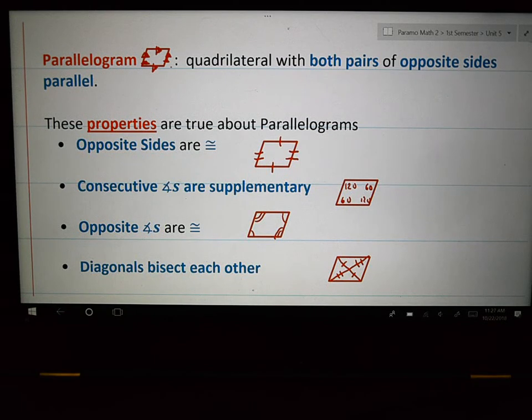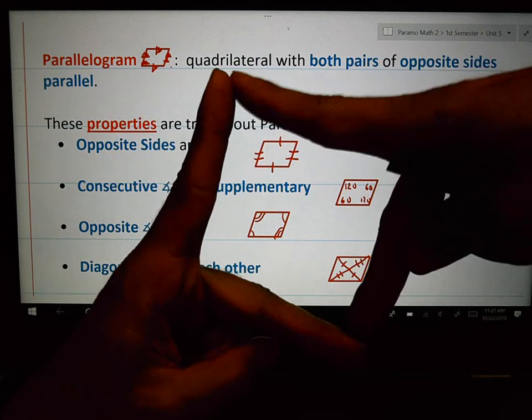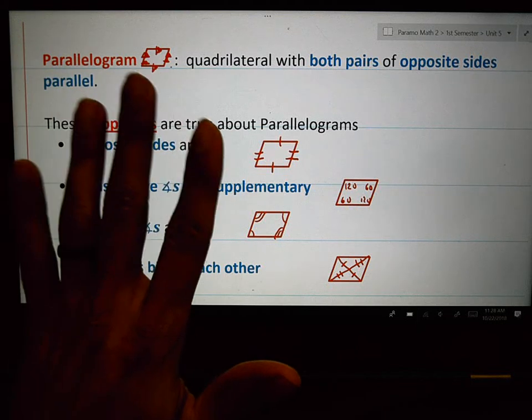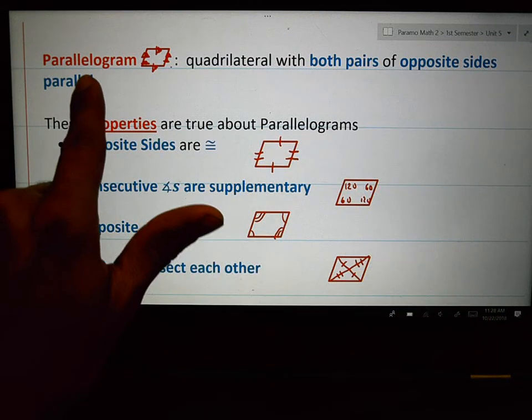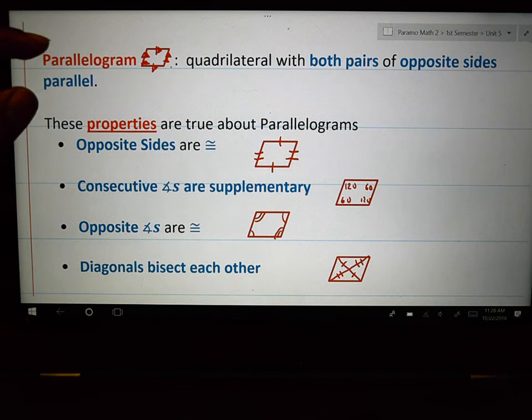A square is a parallelogram because a square has both pairs of opposite sides parallel to each other. There will be more specifics on those things in later sections, but right now a parallelogram is a quadrilateral with both pairs of opposite sides parallel.